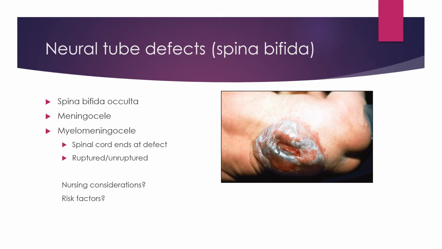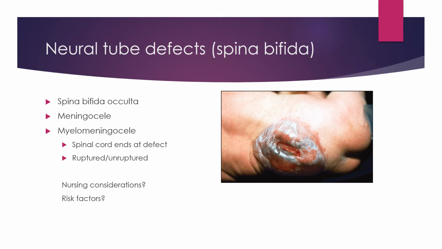So what's happening is during development in the womb, the neural tube fails to close completely, and you can have an outpouching of either just the spinal nerves, and that would be in spina bifida occulta, where the nerves are out into the spinal surface, and the skin is usually intact, but you may have a dimpling or a little tuft of hair there.